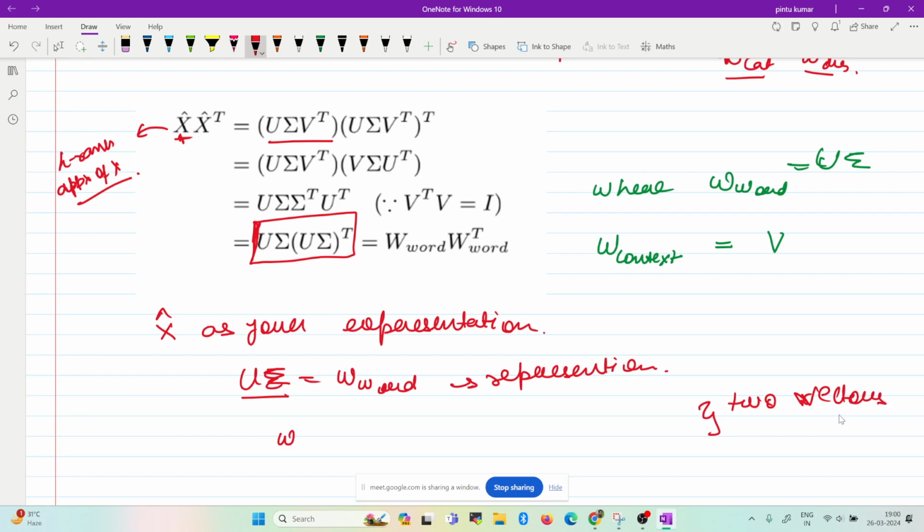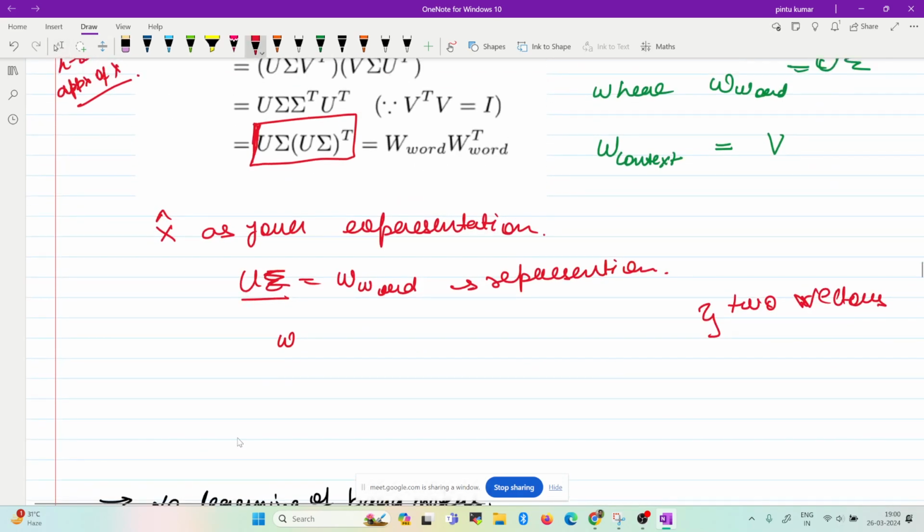So what do I mean? I'll say it in very layman terms so that I can explain it better. Let's say you used a representation based on just your SVD, so you obtained some X. Now what is the role of this X? This X would be passed into some neural network, then you will obtain some result.